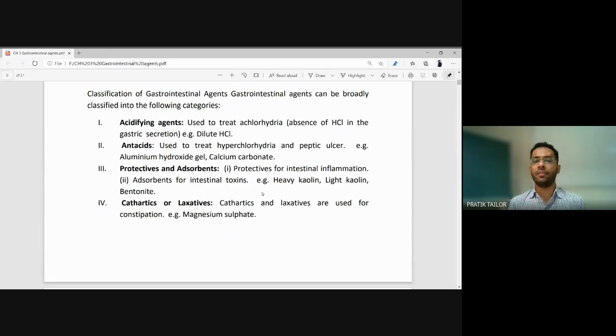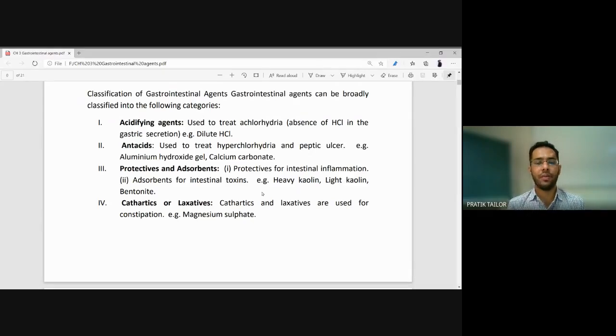Majorly, these are from inorganic sources. These are broadly classified into 4 categories: acidifying agents or acidifiers, antacids, protectives and adsorbents, and lastly cathartics, laxatives, and purgatives. Acidifiers will be used in the condition of achlorhydria, where less acid is secreted.